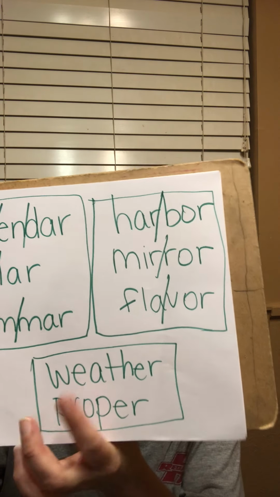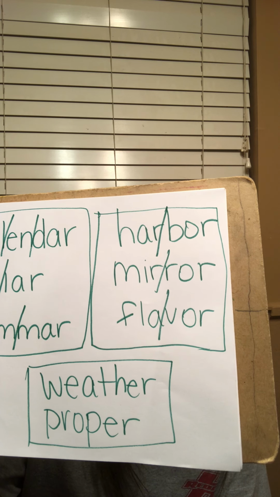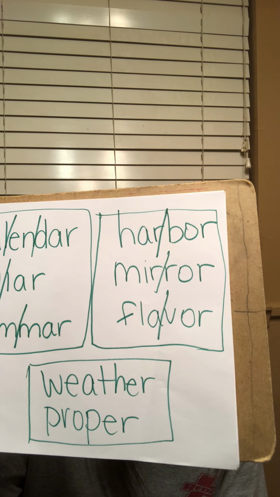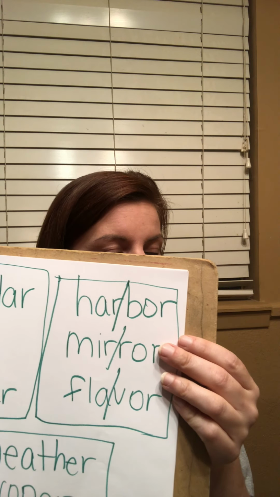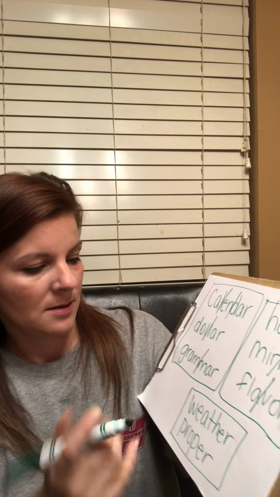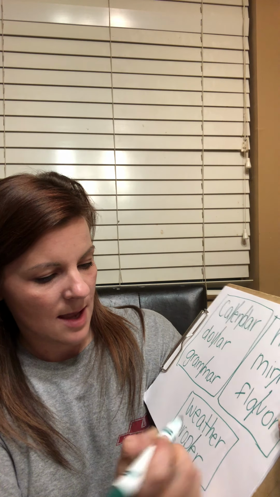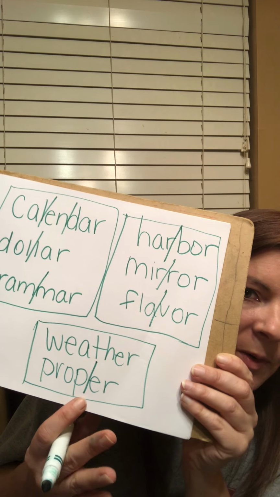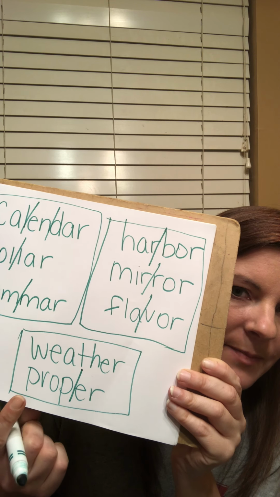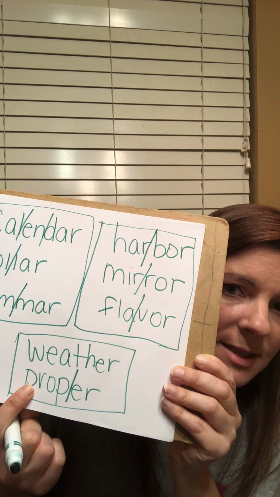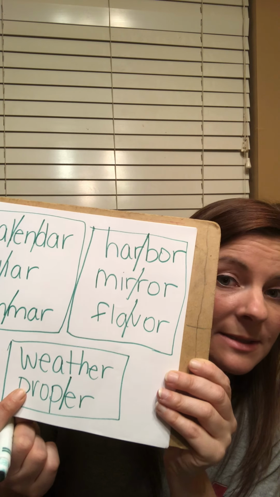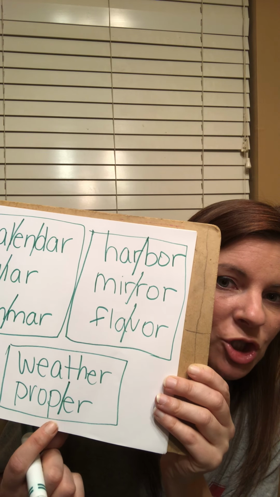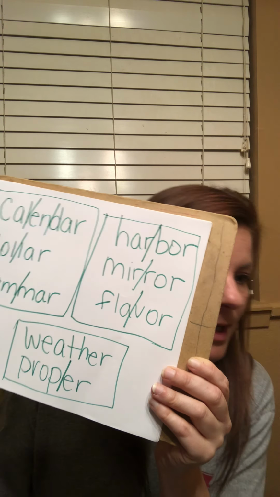It's weather. Okay, and then we have proper. And this one is actually going to be divided after the consonant, and that makes that a closed syllable, because remember, we have a consonant, then a vowel, and then another consonant, so it closes it up and makes it have a short vowel sound. Okay.